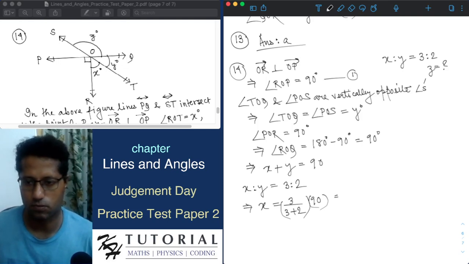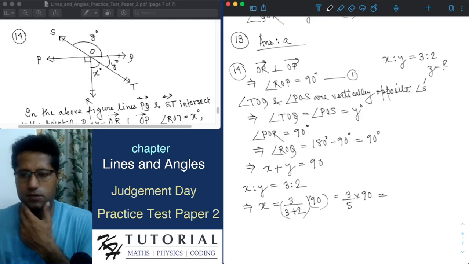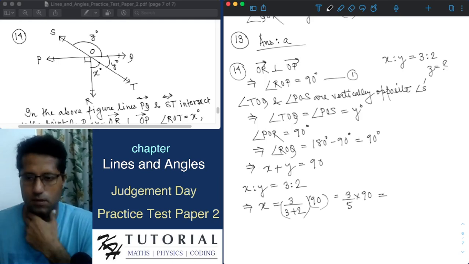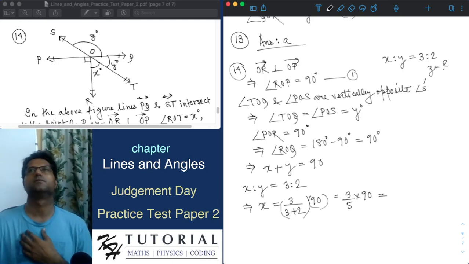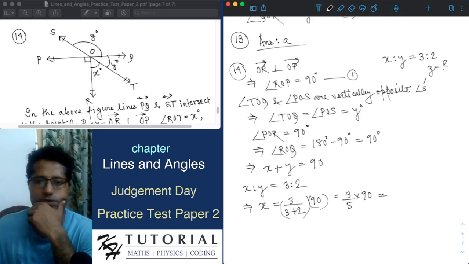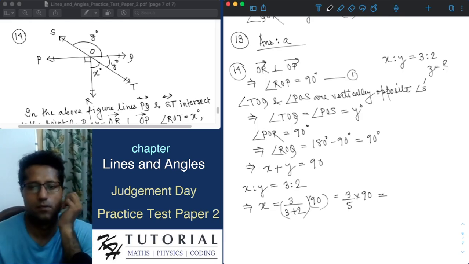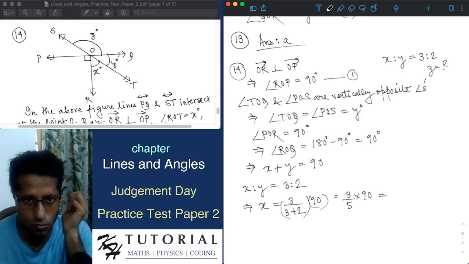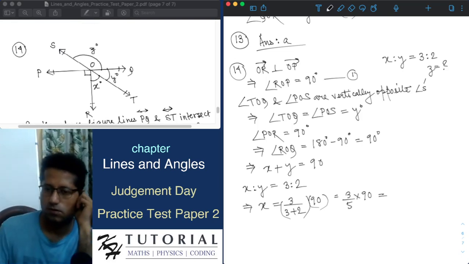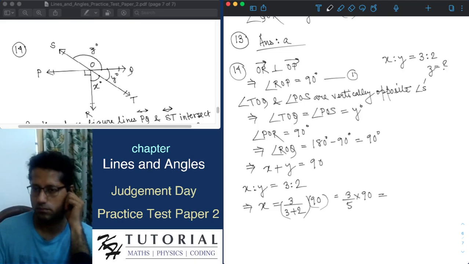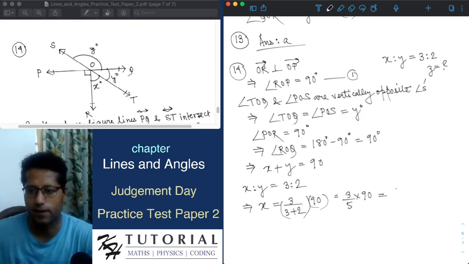So this is equal to 3 by 5 into 90. This is equal to how much? 90 divided by 5 is 18, times 3. X plus y is 90 degrees, X is to y is 3 is to 2. So this is 54.